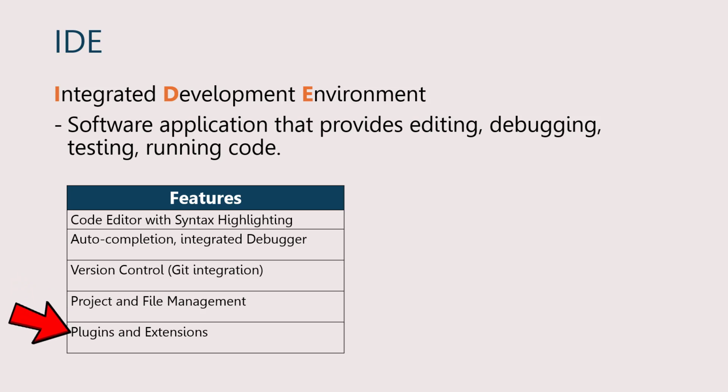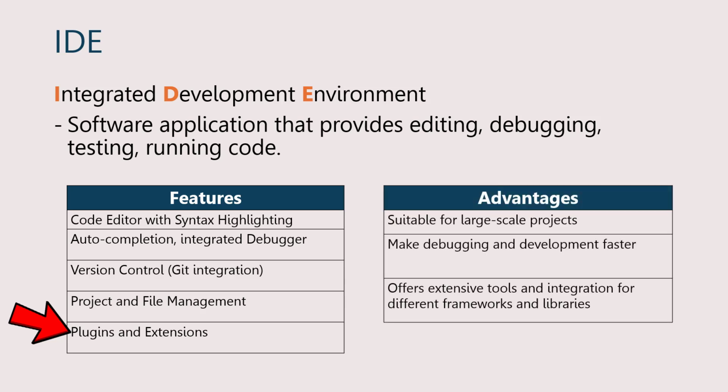It also comes with a lot of plugins and extensions, using which we can make our application development even faster. As I said, the advantages are that it is useful for large-scale applications, makes debugging and development faster, and has extensive tools, since it has plugins and integration with different frameworks and libraries.